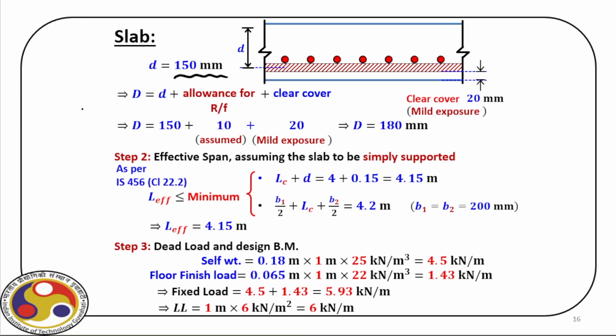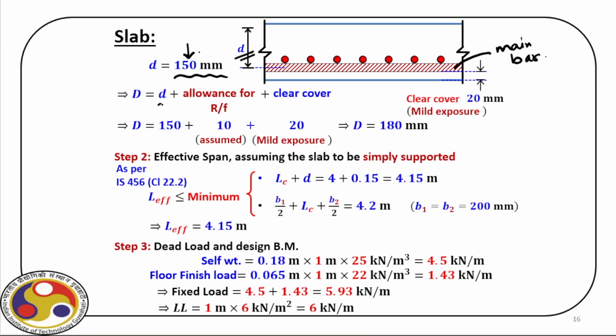So let us provide d as 150. Let us try with that. So along the dominant direction, this is the d. So this is our main bar, and the center line of this main bar from this top surface is small d, which we assume as 150. Now what should be the capital D, that is the total depth?